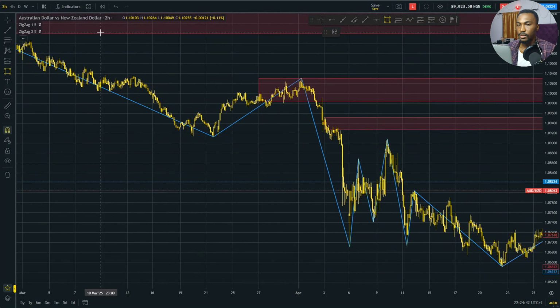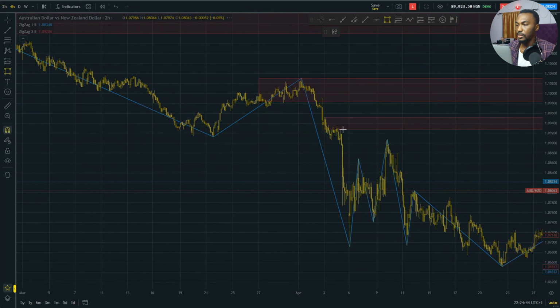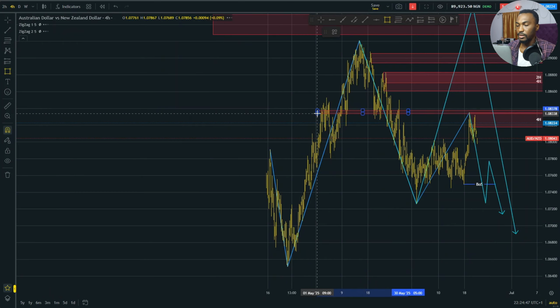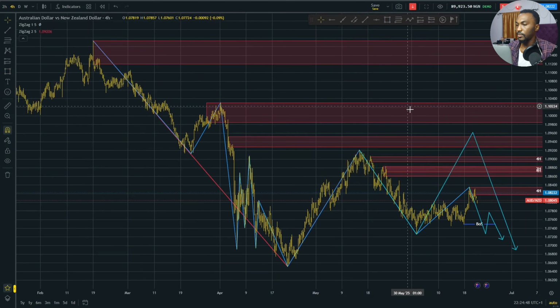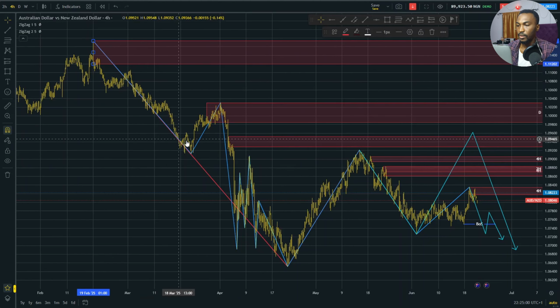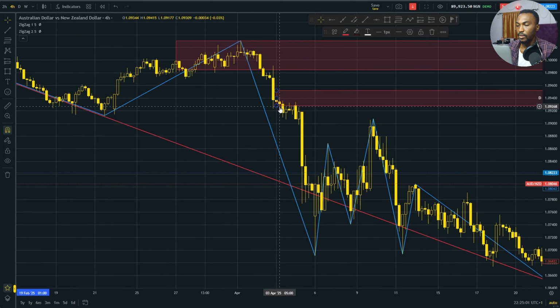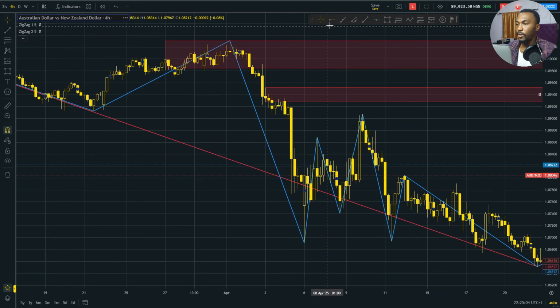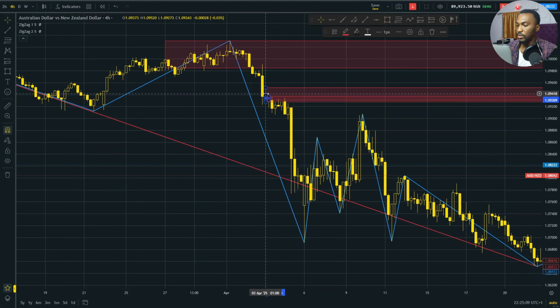Okay, so I can actually do the 4 hours here. Maybe that was a mistake. So on the 4 hours, surprisingly, there is a very small zone, but it has been used by the next candle immediately after that.